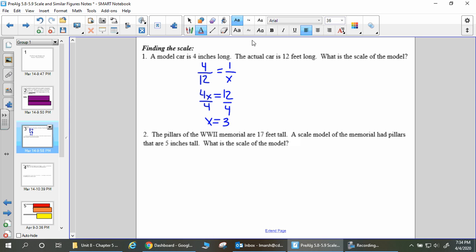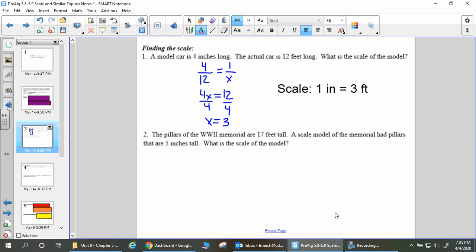I'm actually going to type this. We want to say that our scale is that 1 inch is equal to 3 feet. We want to show that as a scale that would be listed, for example, on the box, right? This model car has a scale of 1 inch to 3 feet.